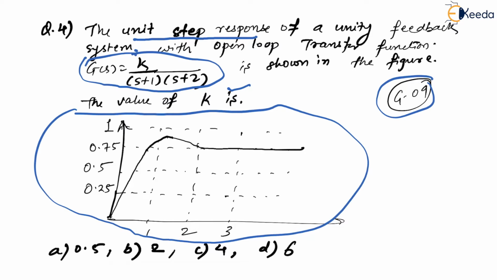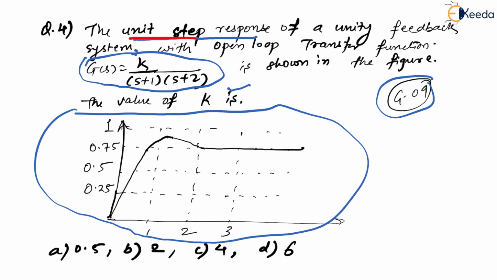Let us try to observe something. They are asking unit step response. Unit step response means the response or the output of the system when the input is unit step, correct? Now let me tell you one more thing.